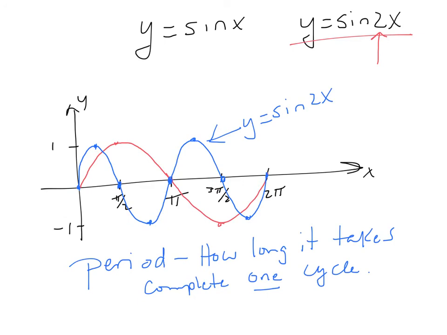The period of the graph is equal to 2 pi, which is how long it normally takes to complete one sine graph, divided by the frequency, f. For this graph, if I take 2 pi and divide it by 2, I will end up with pi, which is exactly where that first graph ended.